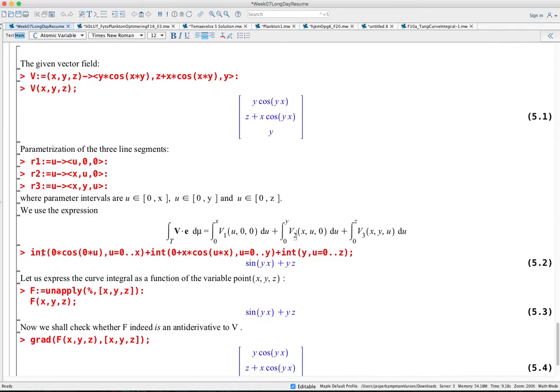And then you simply put in your vector field to see if y is 0, then this component is 0.